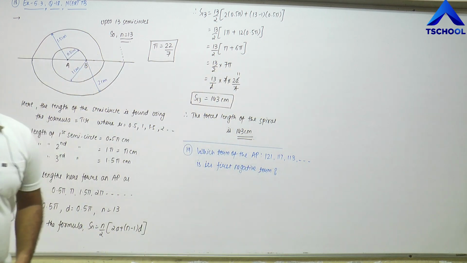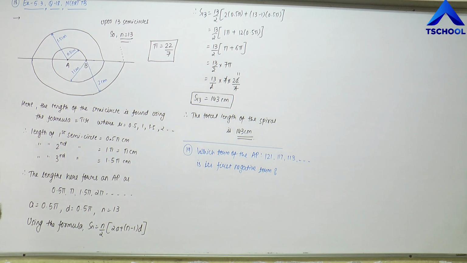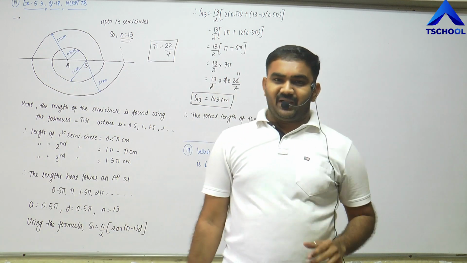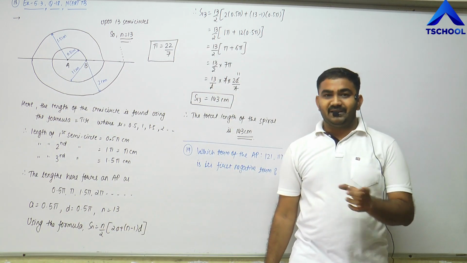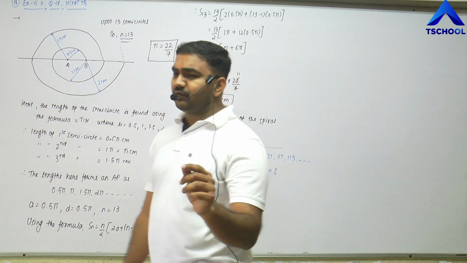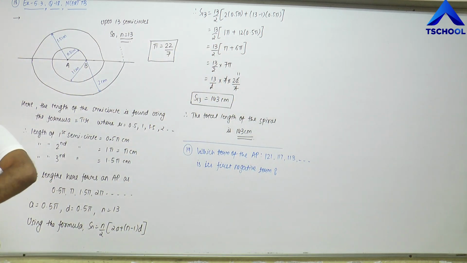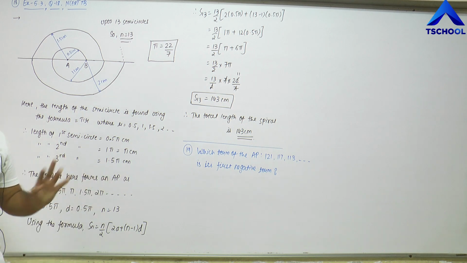Which term of the AP given here is its first negative term, friends? Negative term, what do you mean by negative term? Which has a minus sign before the number, that is known as a negative term. Let me call it a negative integer, right? Which has a minus sign before the number is known as a negative term.